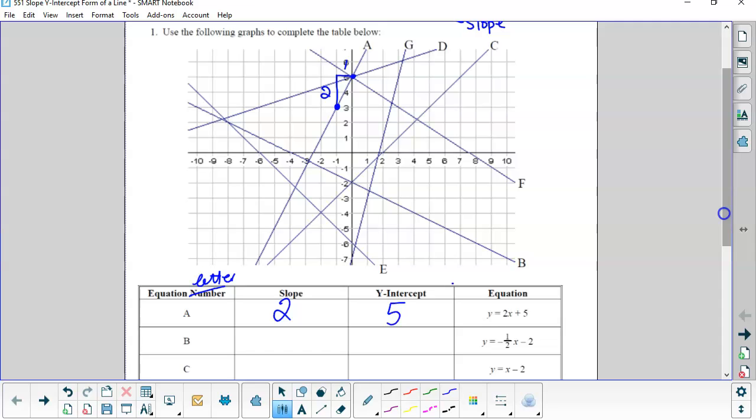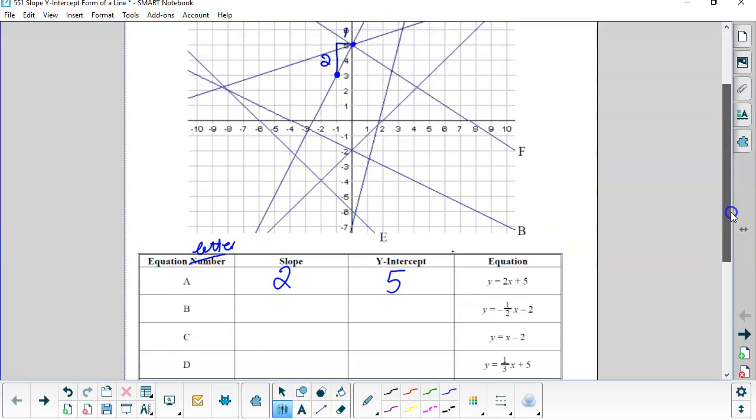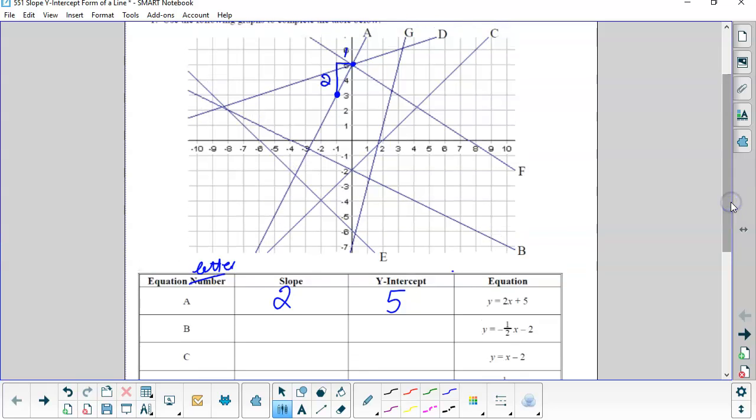The equation has been given to you, right? So 2x plus 5. There's your slope. There's your y-intercept. Okay. Next one. So we're just confirming this information in there. Line B is here. Choose a nice point, and there's a nice point, where the grid crosses, right?